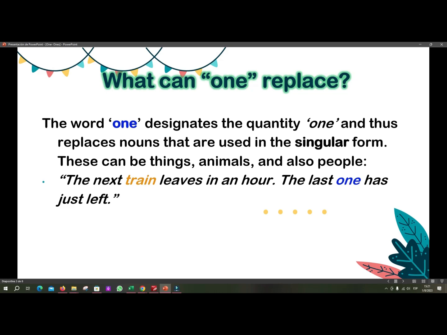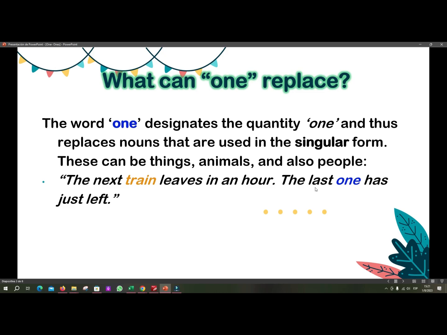So what can one replace? There I have the word one designates the quantity one and thus replaces nouns that are used in the singular form. These can be things, animals, and also people, but singular, right? So: the next train leaves in an hour. There you have a noun, right? The last one has just left.